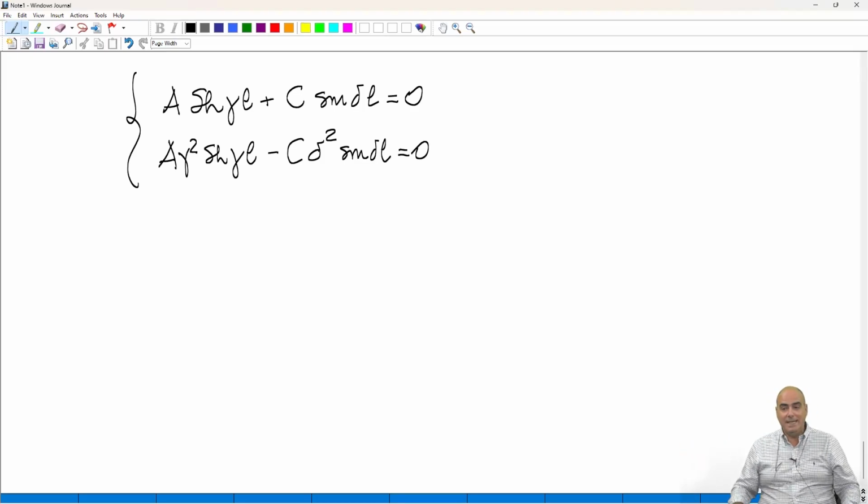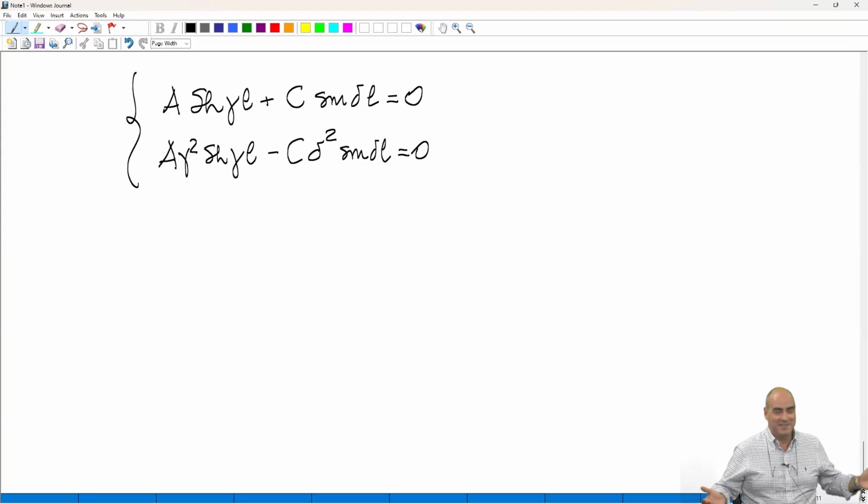Actually, we do know that this system surely has one solution, which is the so-called trivial solution, A equal to C equal to 0. But then you would be right to come to me and say a bad word, because I say, okay, it's 11 pages of differential equations to end up with A equal to B equal to C equal to D equal to 0.